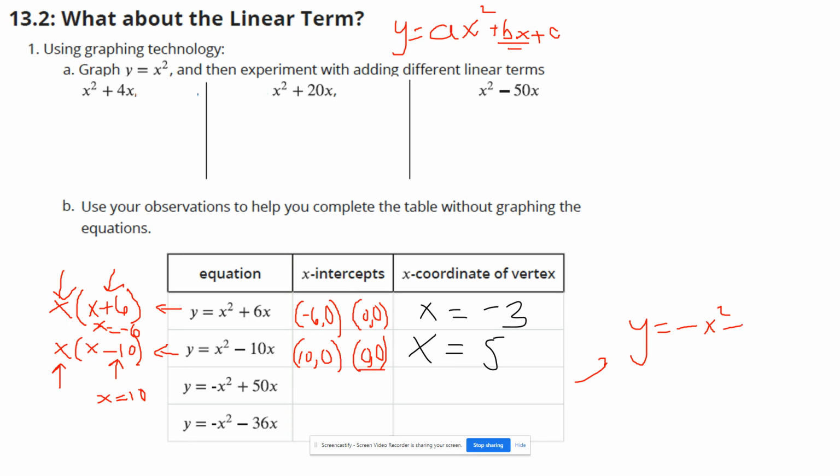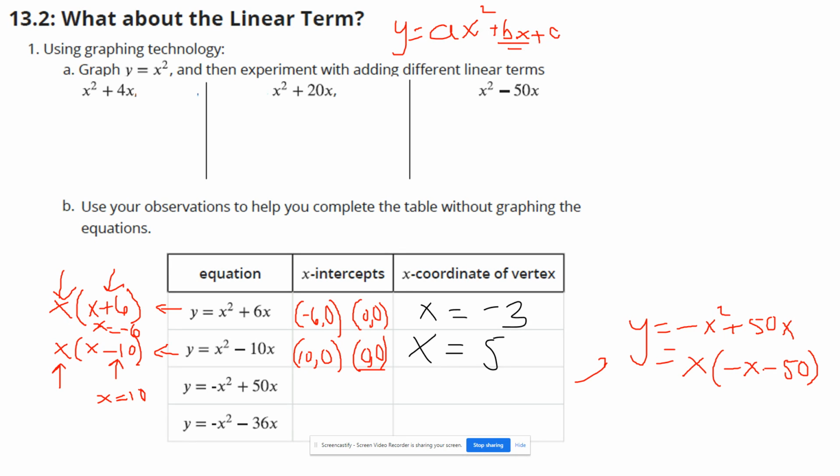So I'm going to leave the x outside, where since this is a negative, it stays -x plus 50. Now, in this situation, because we have two negatives inside of the parentheses, we don't just change it into a negative, we actually have to factor it out or solve it.